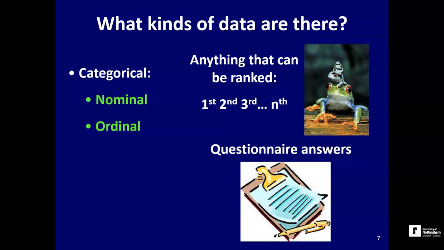Then what you're doing is you're asking the participant in that case to put the data into categories, but those categories have an inherent order. They can be ranked from first to last, in which case they are ordinal data. They're still categorical, like nominal data, but they now have a natural order, whereas nominal data, like the sex of ducks or the genotype of humans, don't naturally fall into a natural order, whereas ordinal data do.